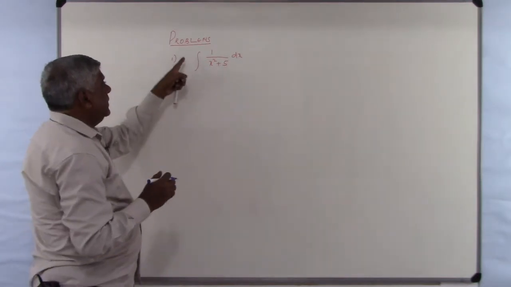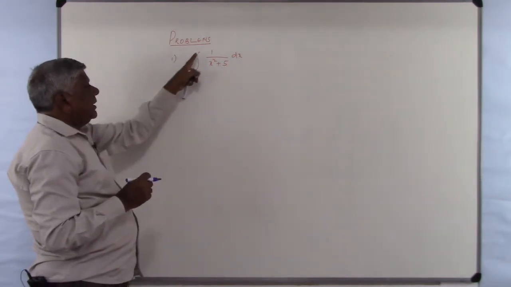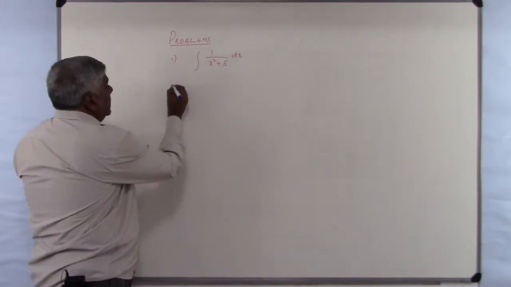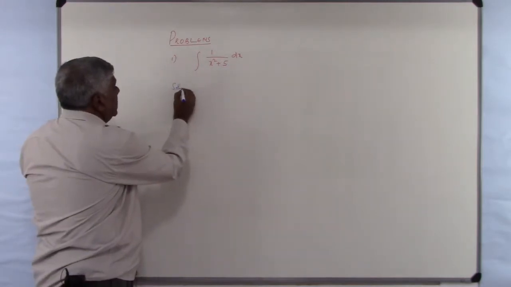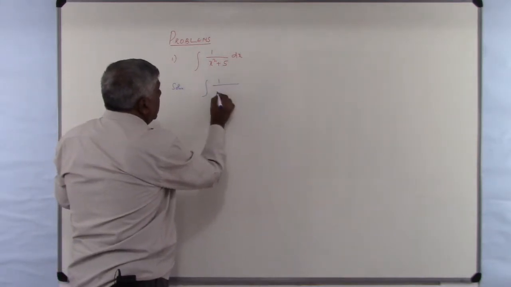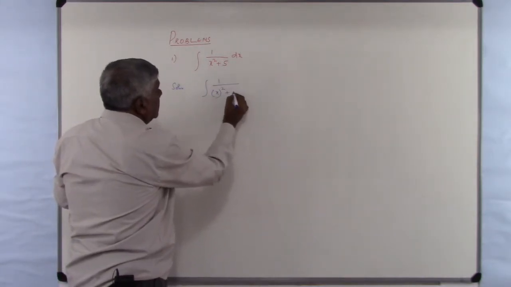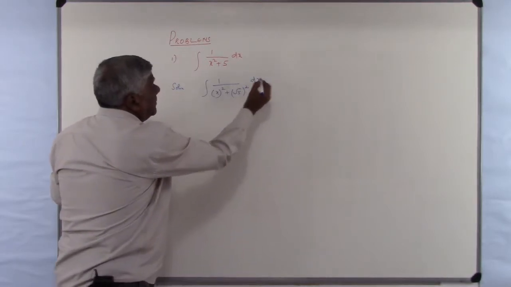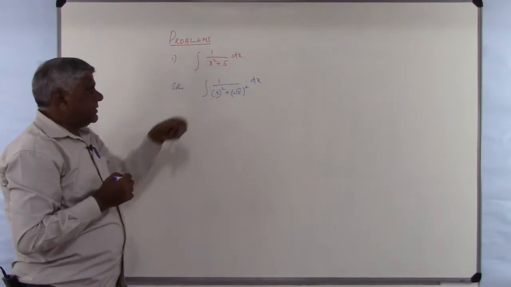Okay, we shall see this problem: integral 1 over x square plus 5 into dx. For this, the solution is integral 1 over x whole square plus root 5 whole square into dx. You can write it like this.